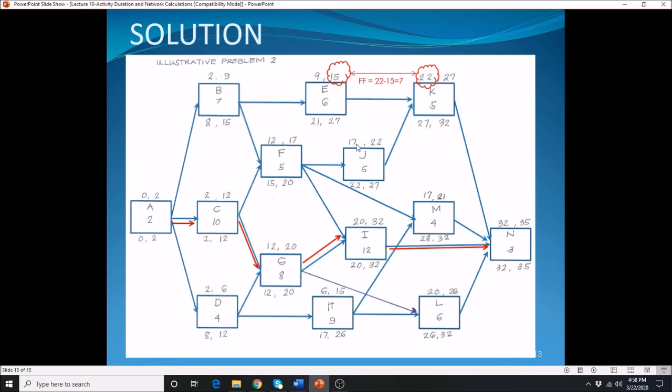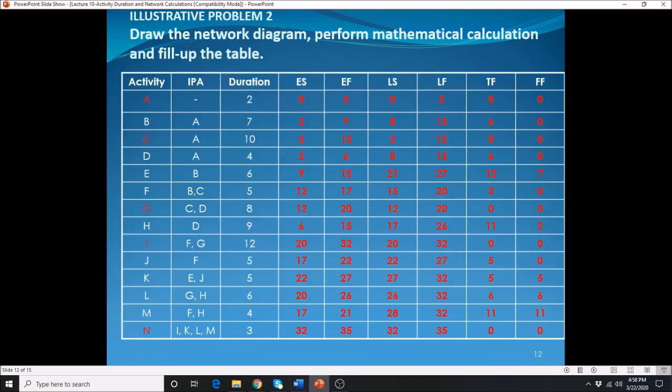The early starts are 17, 17, and 20. Which one is the minimum? It's 17. So 17 minus 17 means F has a free float of 0.